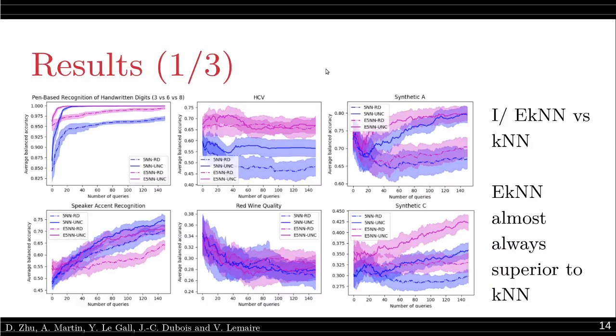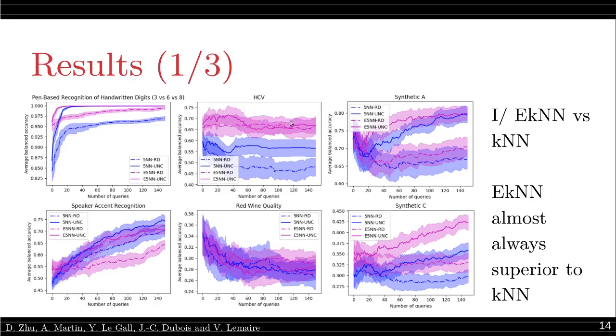So the first result is about the comparison between EKNN and KNN with K equals 5. The plain lines are uncertainty sampling, and the dotted lines are random sampling.